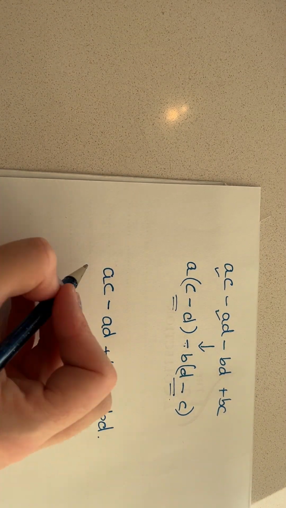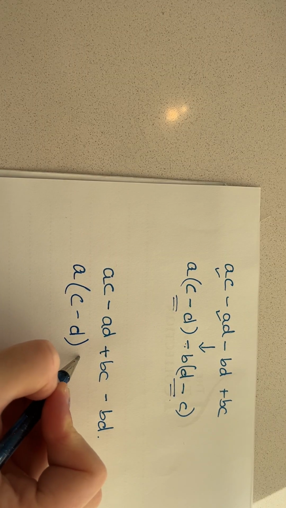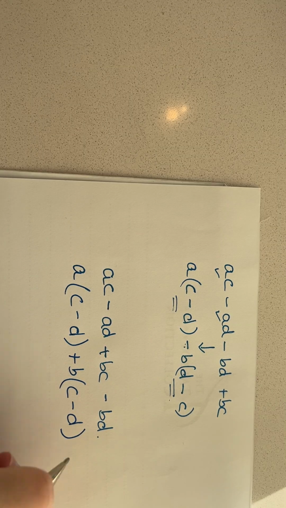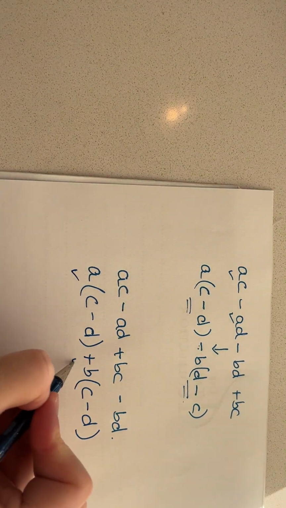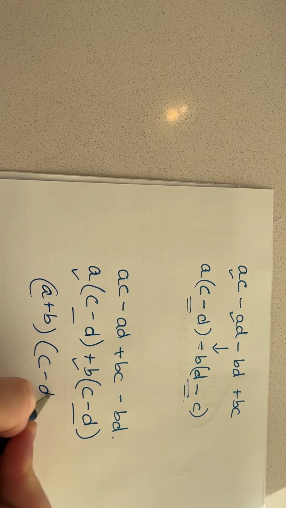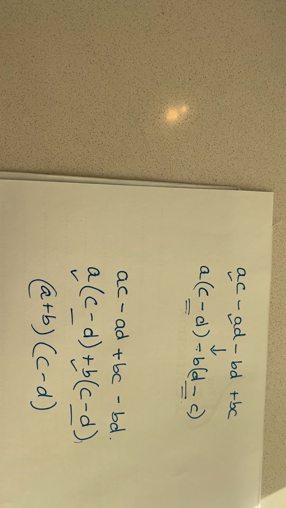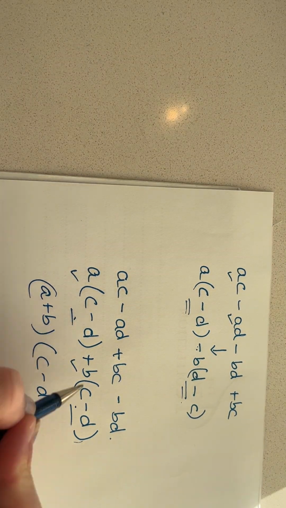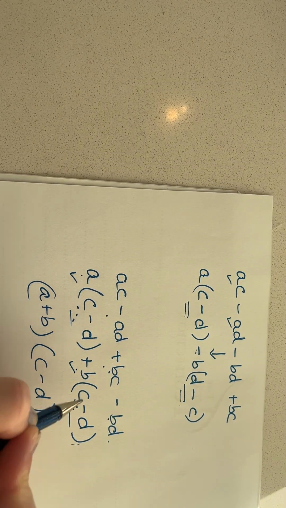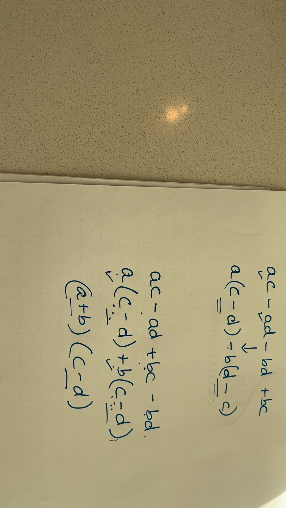So we're just going to move it around, and we're going to do the exact same thing again. And this time when I do that, I end up with A plus B as one factor and C minus D as the other. And you can check that out, go slower, okay? And you can see there the brackets do match. The A was in common, the B was in common, and the brackets match. So I can write down my two factors at the end there.